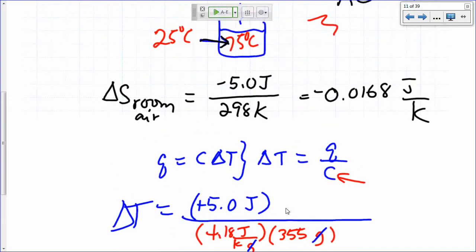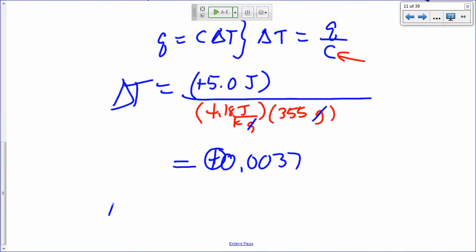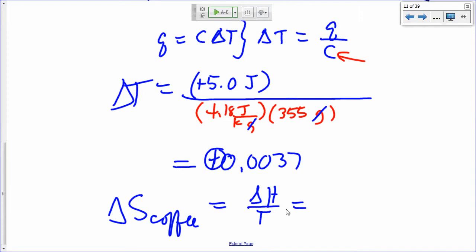So what's delta S then for the coffee? It's delta H over T, right? It's pretty much constant temperature. So it's going to be plus 5.0 joules over, what's the temperature of your coffee? 348 Kelvin.